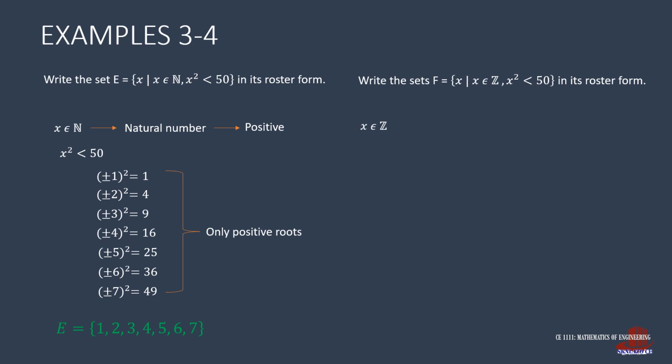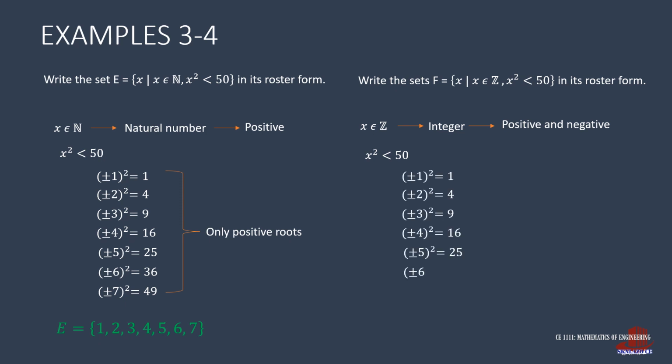With x an element of Z, integers are considered, and that means that positive and negative roots are accepted elements of the set. The lower and upper limit of the set are solved just the same, starting from positive and negative 1 all the way to positive and negative 7. Since elements are integers, set F has the elements of 1, 2, 3, 4, 5, 6, and 7, both negative and positive.